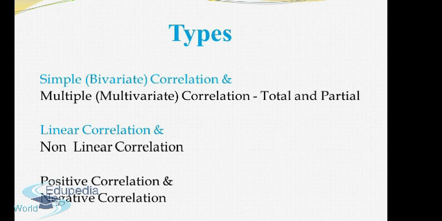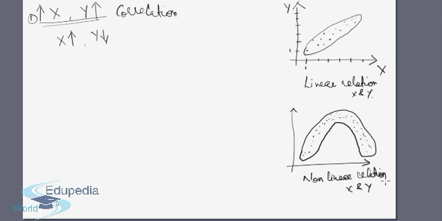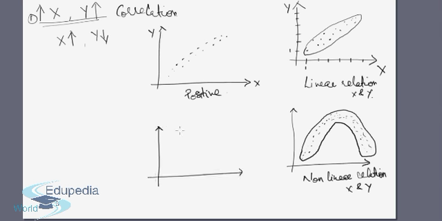And next is the positive and negative correlation. Let's see what is positive and negative correlation using a scatter diagram. Well, positive correlation means an increase in x leads to an increase in y. Something like this. So this is positive, and negative in the sense an increase in x leads to decrease in y.